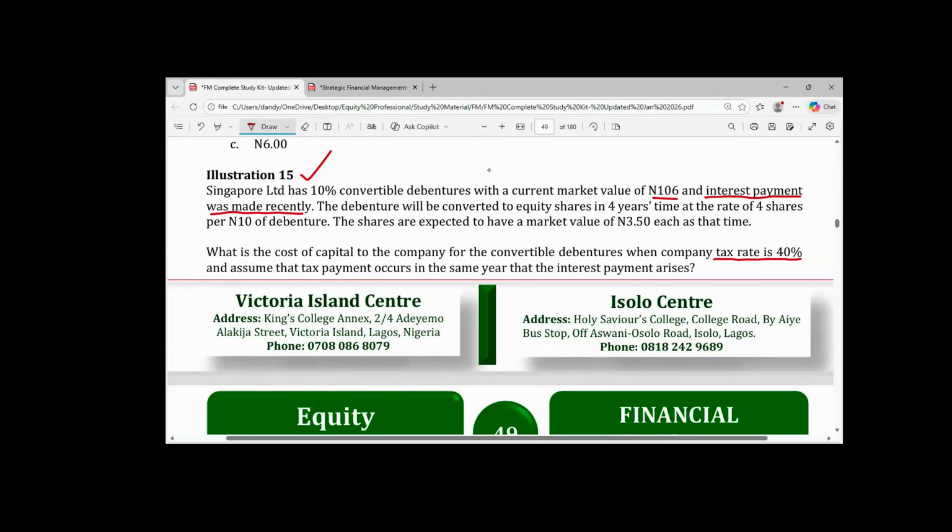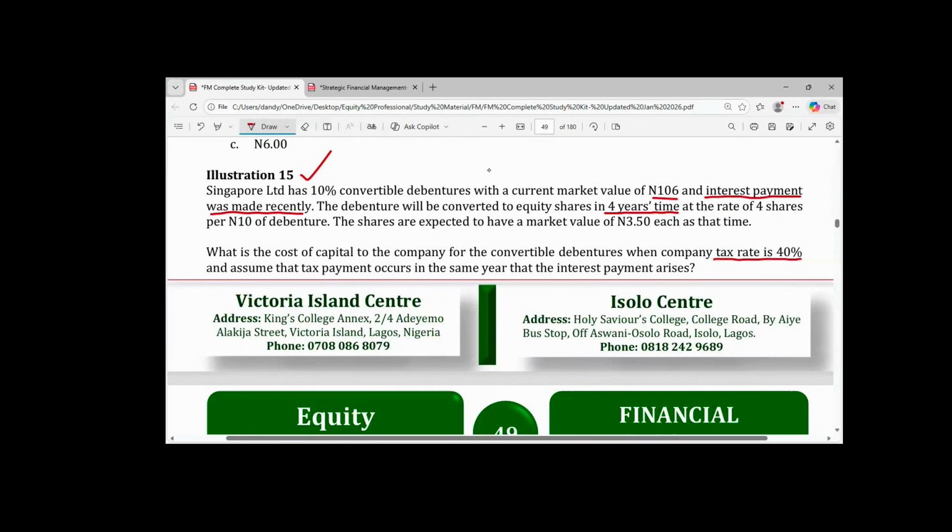Now, the second thing you need to consider is the maturity date. If the debenture holders want to redeem this debenture, when in the future are they going to redeem it? You are told that the debenture will be converted to equity shares in 4 years' time. Okay, the exercise date is in 4 years' time. All right, so that means we are going to calculate annuity factor of year 1 to 4 to get the present value of the fixed interest.